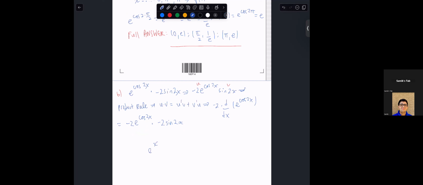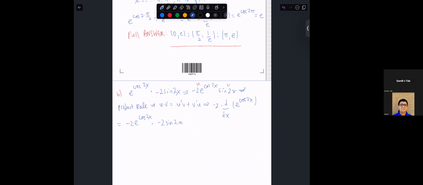Remember, e to the x will always stay the same in differentiation. So same way here, and when you take cos 2x, you get minus sine 2x, and the inside portion is going to be 2 for the derivative. That's it. Very simple question. So now we can do the next portion.